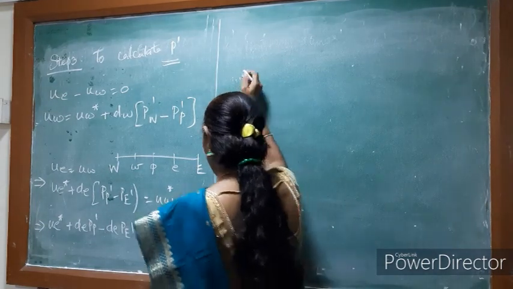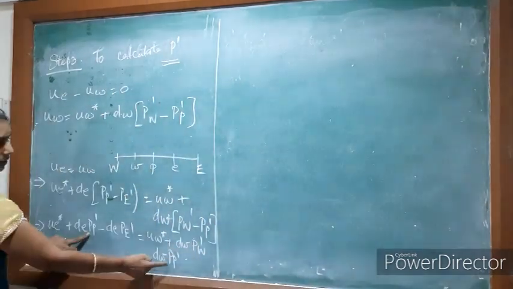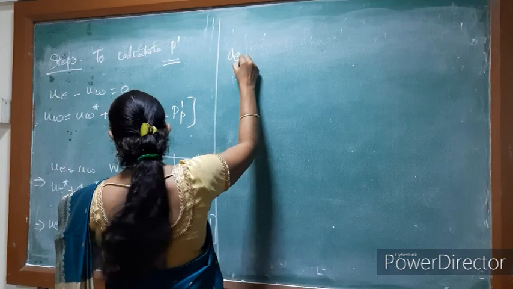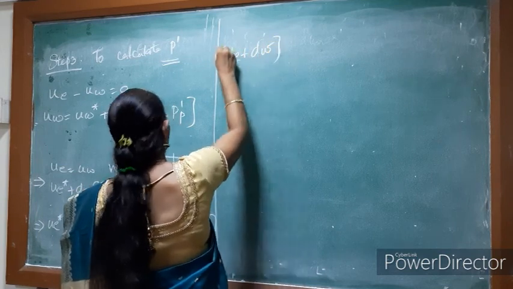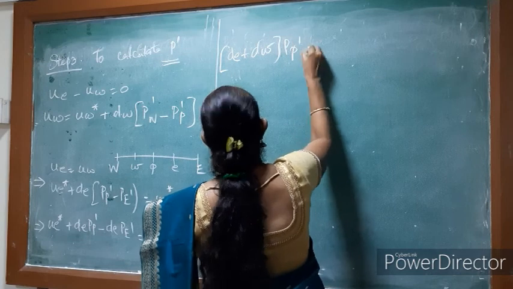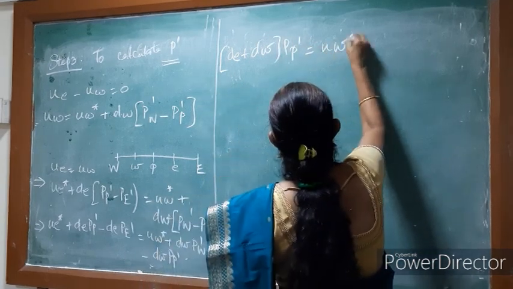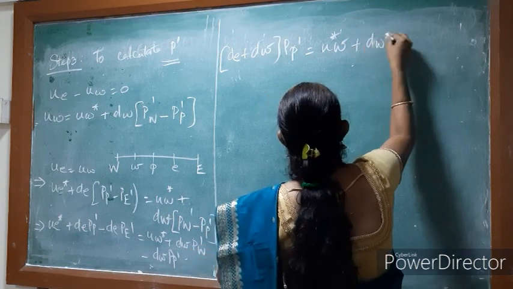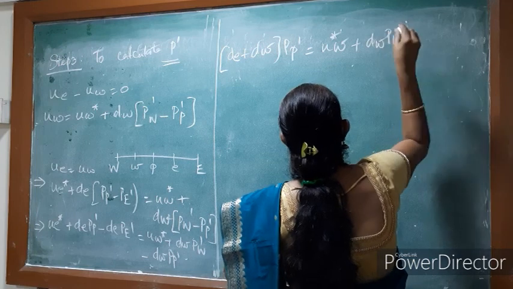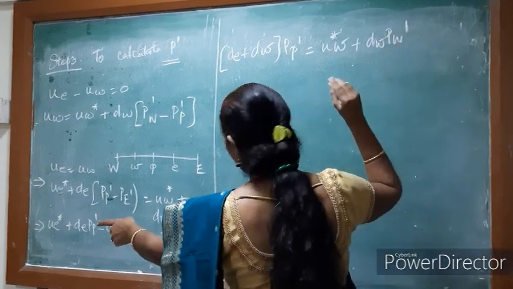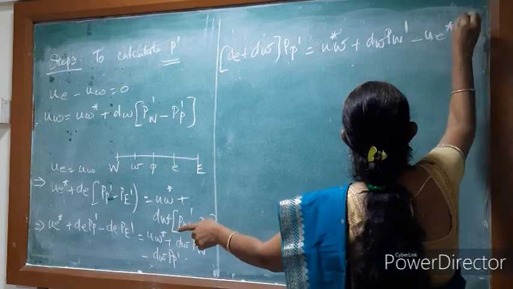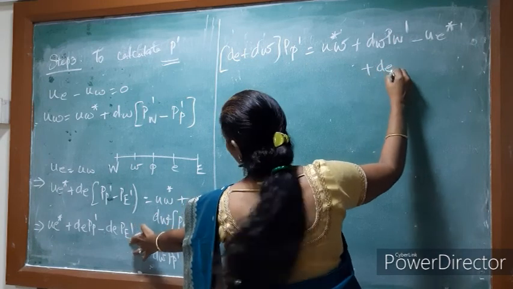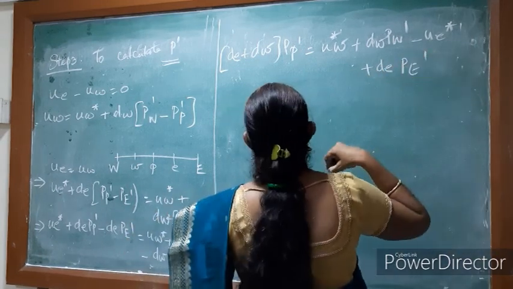Now let me club these terms. Here there is a PP dash and here also there is a PP dash. So I'm going to club those two terms. DE plus DW PP dash equals UW star minus UE star, and we have one more term, that is DE into PE dash plus DW into PW dash, right?